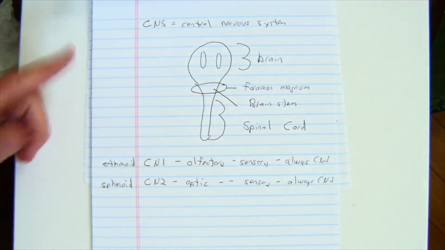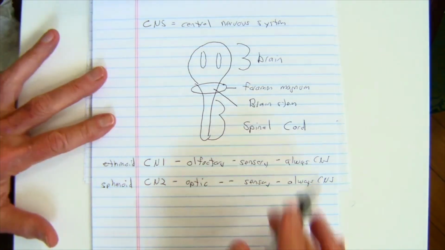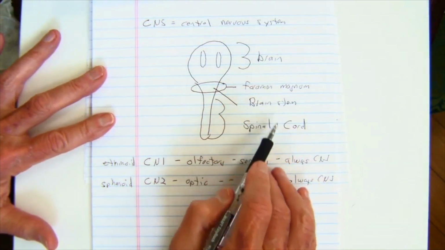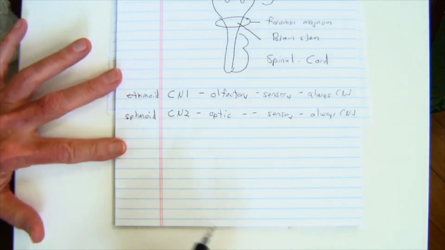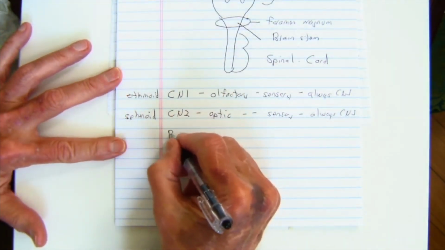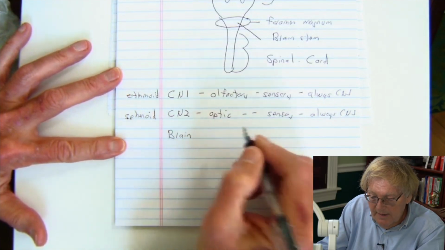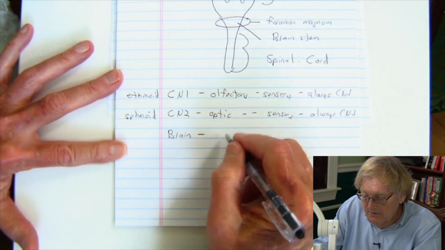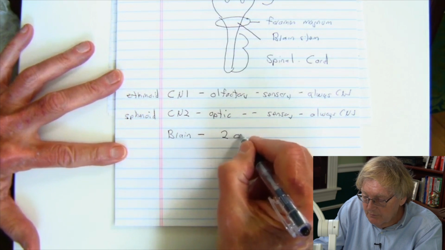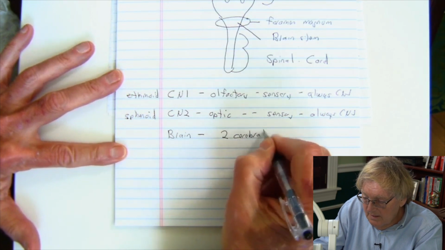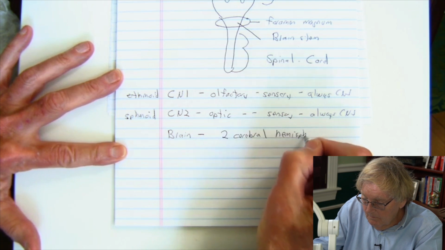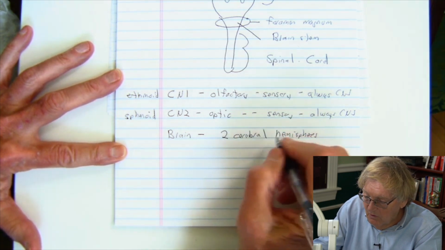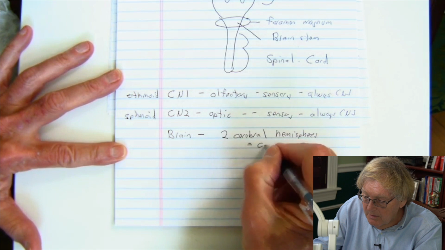But now we just have to divide up these large structures into a couple more smaller structures. So just remember, when someone uses the word brain, the brain is really comprised of the two cerebral hemispheres, and those are called the cerebrum.